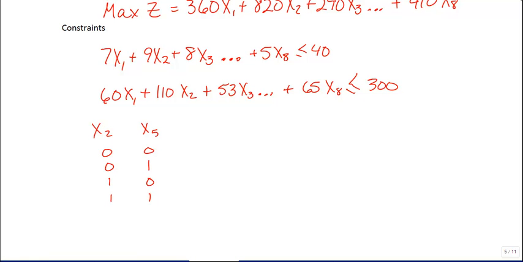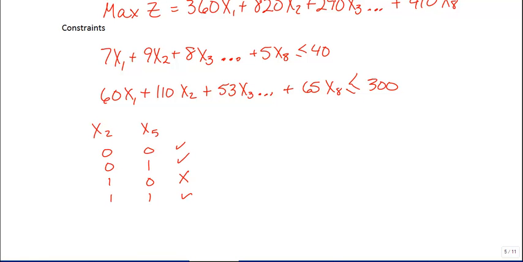This constraint, once again, says if we undertake project 2, we must undertake project 5, but not vice versa. So this first combination meets that criteria, not taking either project on, taking x5 only, or taking both projects, x2 and x5. But this is the condition that we do not want. We don't want to take x2 without taking x5.